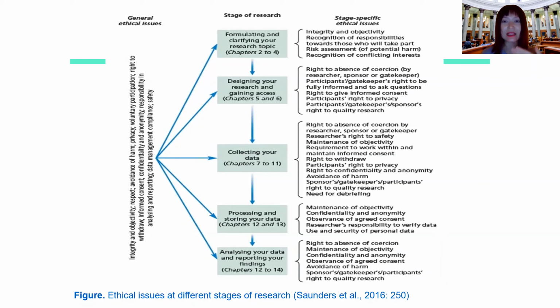As you can see in this graph, they have considered the ethical issues across different stages, right at the beginning when you try to formulate a research question, when you design your research, when you gain access, when you collect your data, and after collecting your data, when you analyze the data, and finally, when you write up. So there are various ethical issues that we should consider across different stages.